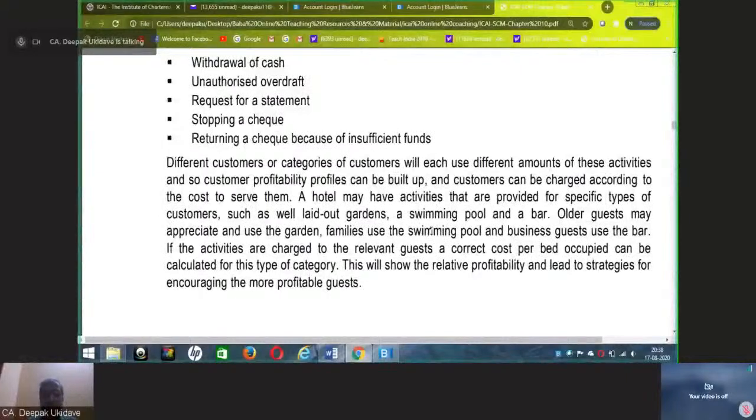So it is given in the module, if activities are charged to relevant guest, a correct cost per bed occupied can be calculated for this type of category. Many hotels do this kind of costing? Question mark. Because I told you about practical bottlenecks or difficulty in implementation of this system in real life, and that is, it is a Herculean task. It is a laborious and time consuming process, right?